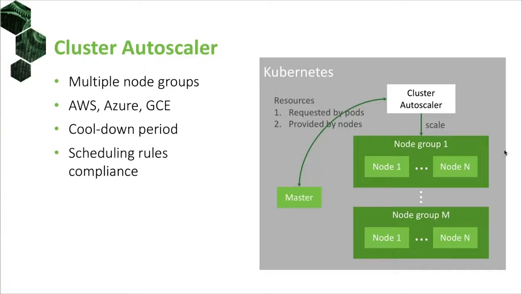If it sees that resources are underutilized based on your rules, it starts scaling your cluster down. And again, this is a very flexible framework which you configure according to your needs and infrastructure. It supports different policies, scheduling rules, cooldown periods, multiple node groups, clouds, etc.